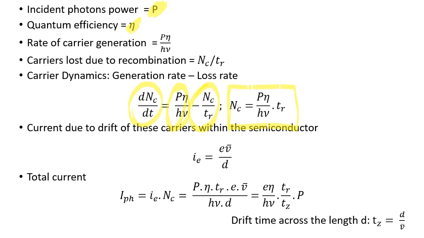And we know the following, that the current in my external circuit, because of an electron, is simply given by e times v by d, v being the velocity with which the electron moves across the semiconductor block.